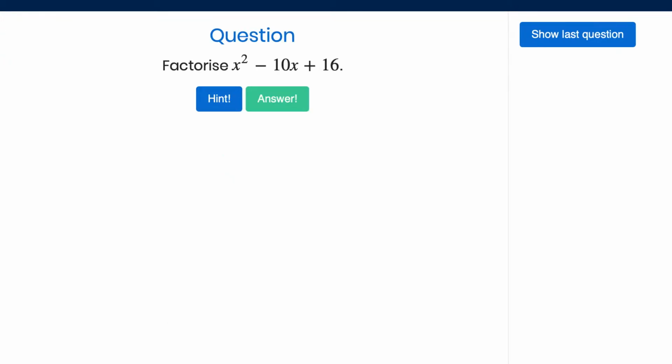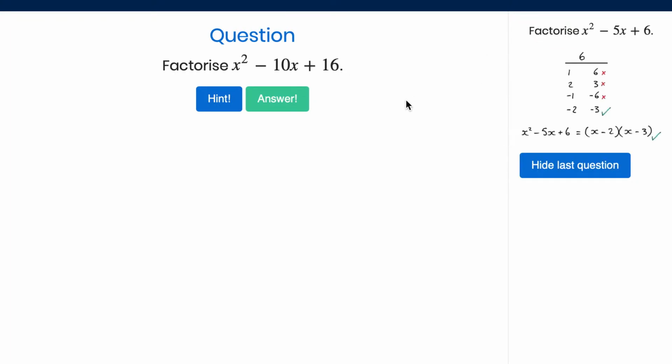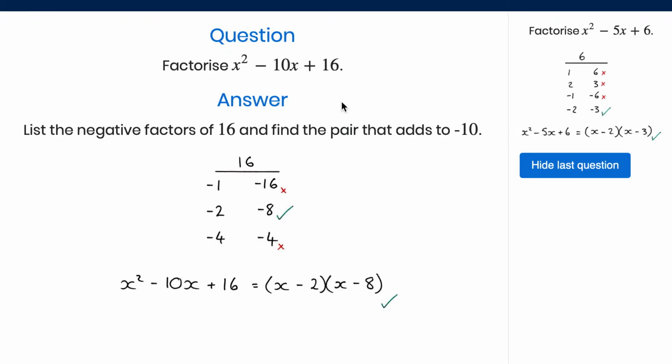Here's another example. Factorize x squared minus 10x plus 16. Follow the method from the last question shown here on the right hand side. Pause the video and have a go. Okay, here is the answer. Because our pair of numbers needs to add to make a negative, we only really need the negative factors of 16.